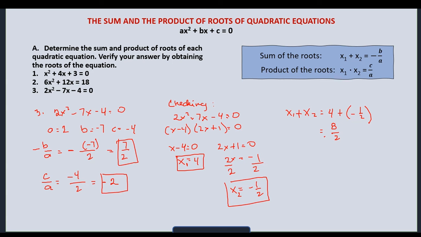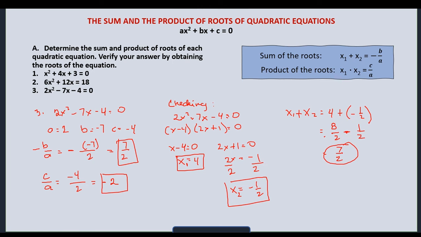Plus minus means minus. So I have here minus 1 half. Just getting the LCD will guide you here. Since they have the same denominator, I can now subtract the numerator, 8 minus 1, which is 7 over 2. So this is my sum.